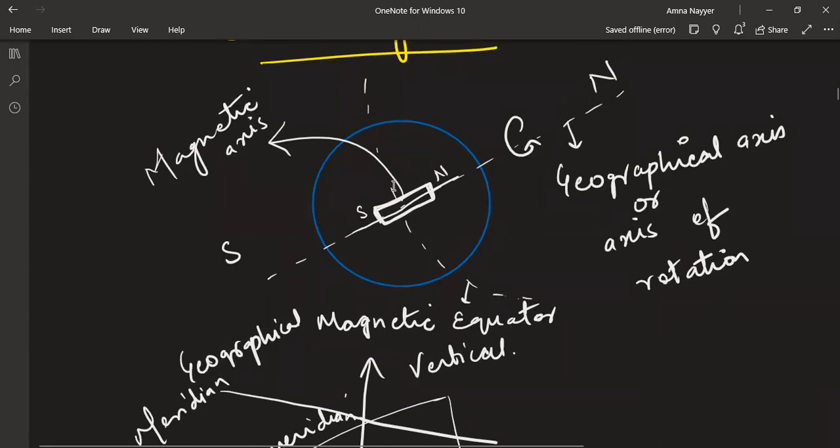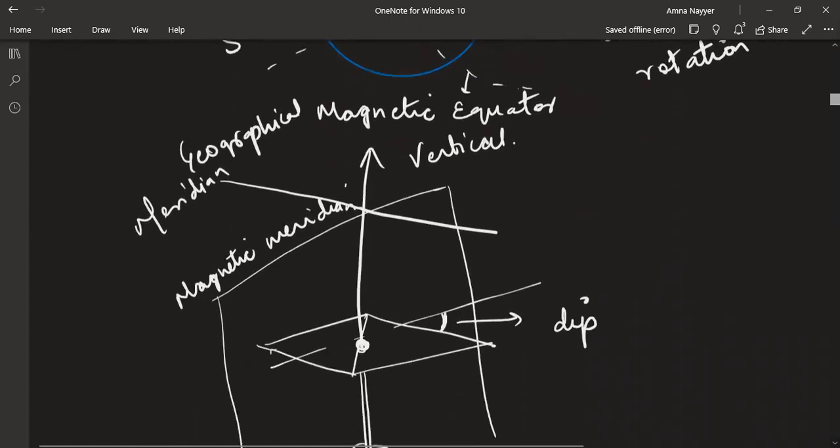And then you have a magnetic equator, that is the equator of the magnet if Earth acts as a magnet. So magnetic axis will be present, length of magnet will be present, magnetic equator will also be present. And there is a line passing through the north and south pole, which you call the geographical axis or axis of rotation.